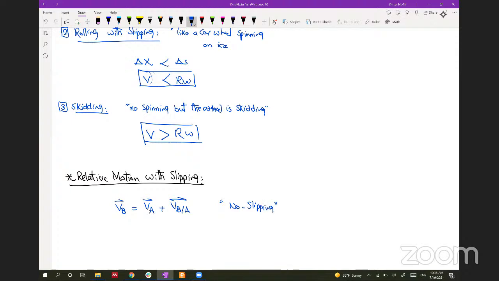But if we have slipping, this equation will be transformed: V at B will be equal to V at A plus VB with respect to A plus VB with respect to A. And I will explain this later. So we will have another term here, and we call it the slipping term.